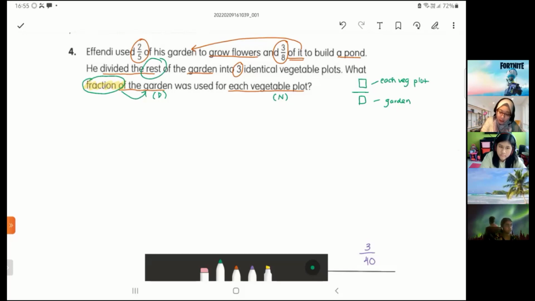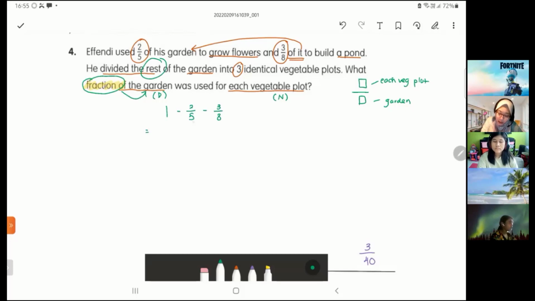As a starter, you always have one garden anyway, so we represent this as one whole. One whole, take away 2/5, which is the flowers, take away 3/8, and we will get the rest of the garden.